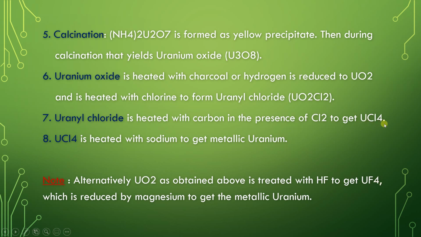Very similarly to uranium tetrachloride, uranium tetrafluoride is reduced by magnesium to get metallic uranium. So instead of chlorine, you can use hydrogen fluoride, and then also you get metallic uranium. In this way, we get uranium from pitchblende.